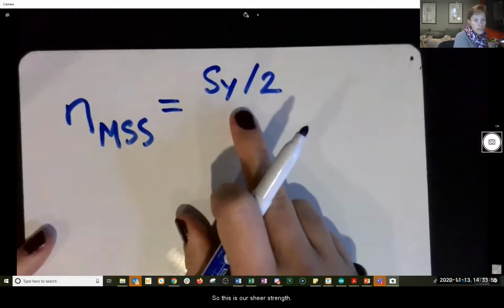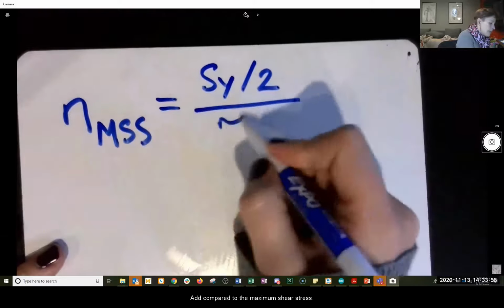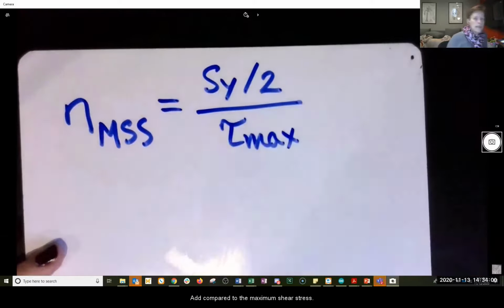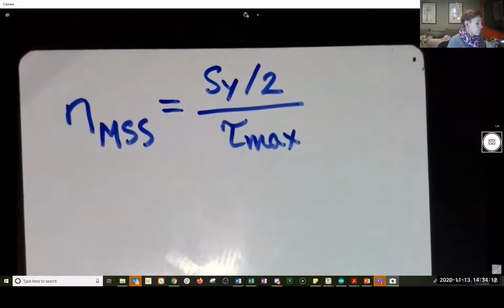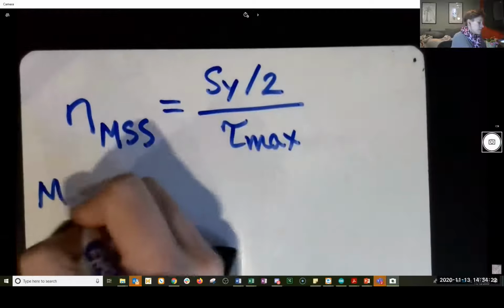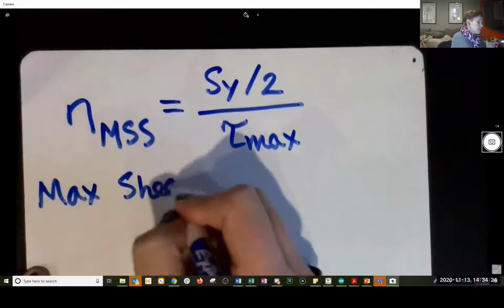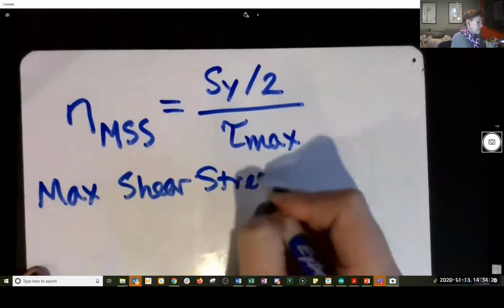So this is our shear strength compared to the maximum shear stress in the critical area of the object. So that would predict failure if they were equal. Yeah, so this is maximum shear stress theory.